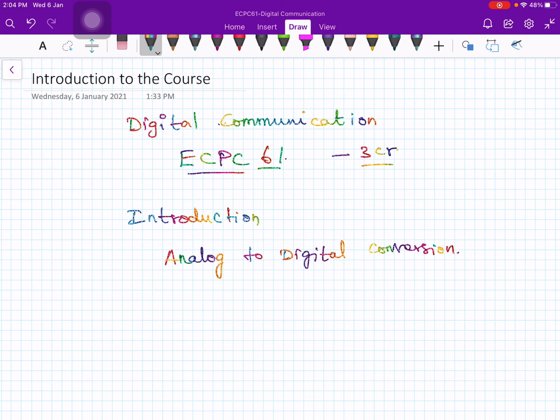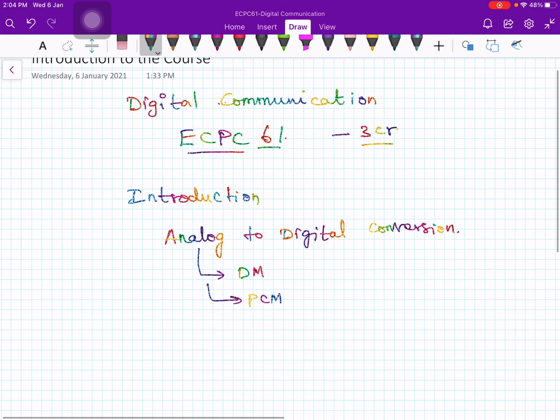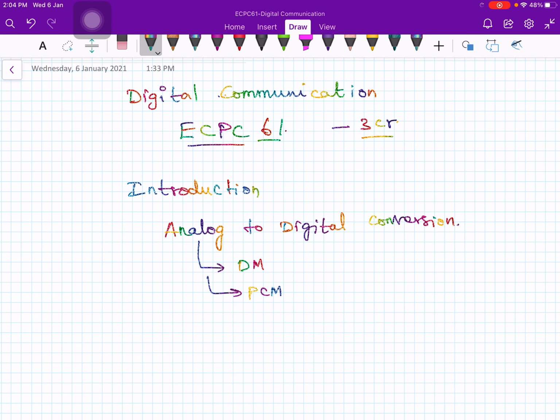This will include delta modulation and then pulse code modulation, and then some variants of delta modulation and pulse code modulation.